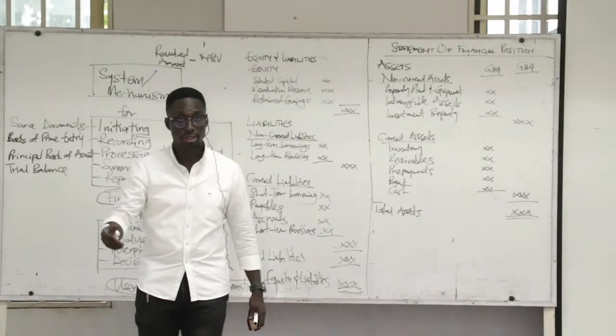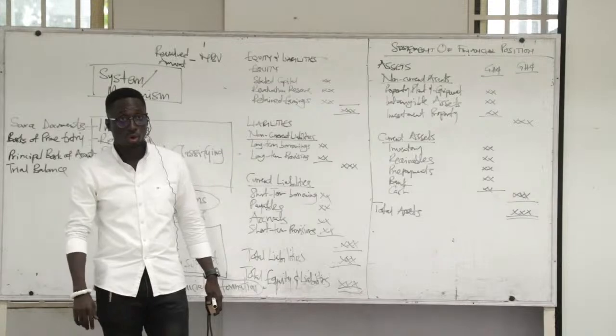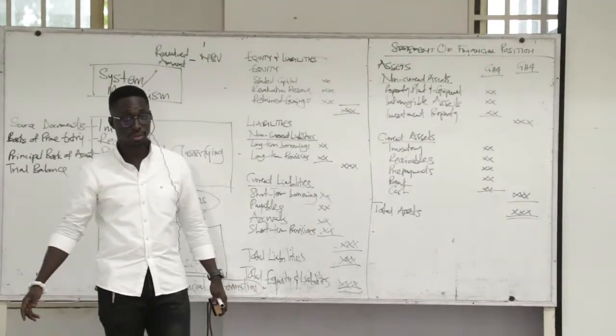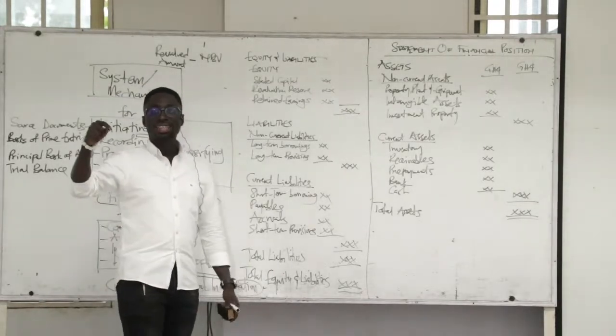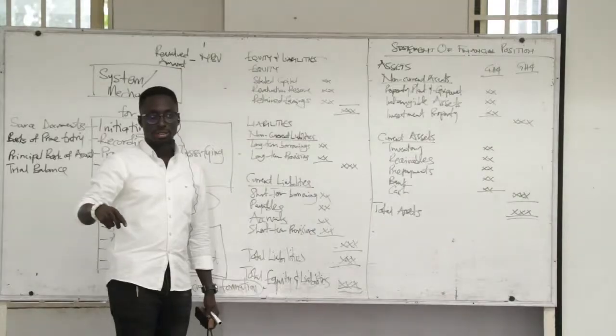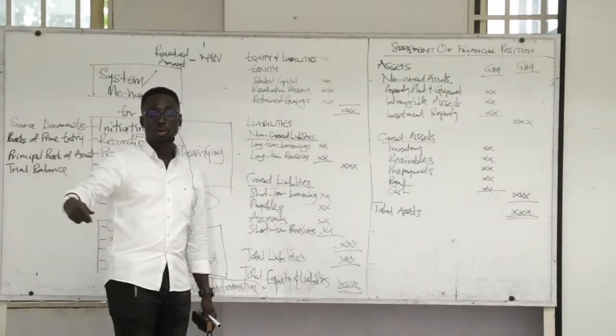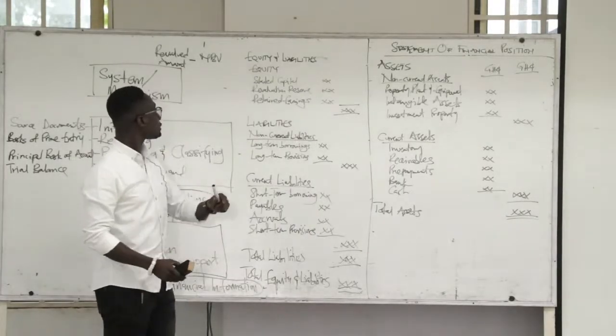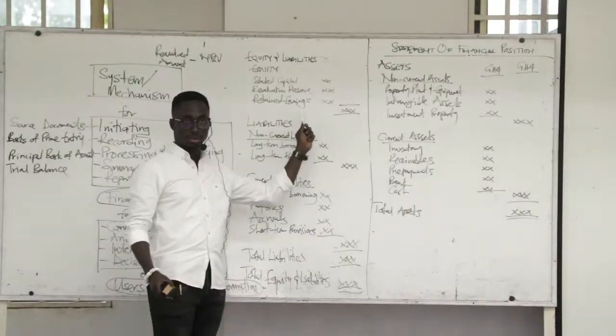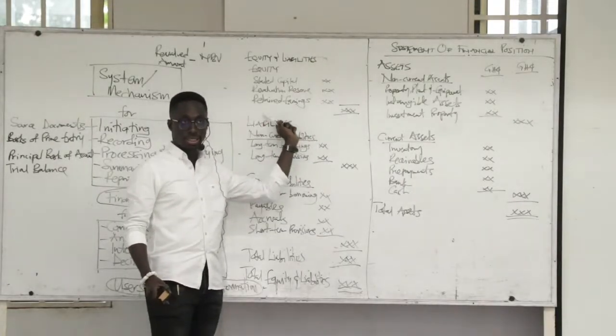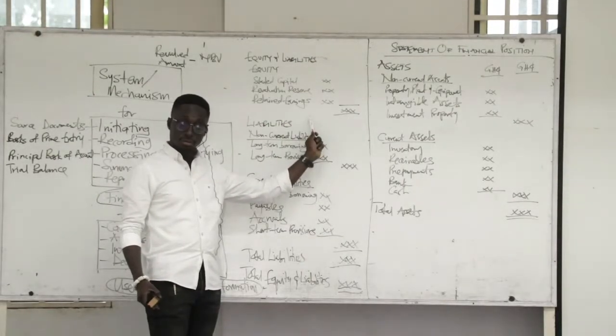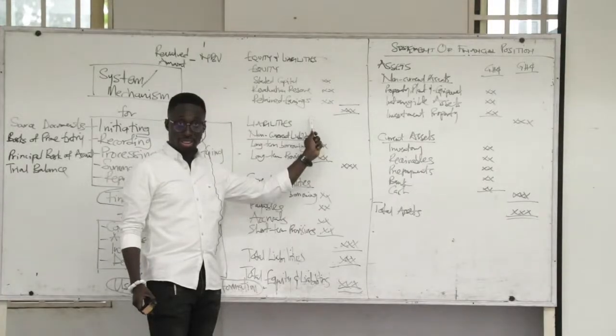Profits. Net profits or profits after tax, whatever the case may be. The accumulation of those profits over the years is what will come and sit inside this account, known as retained earnings.